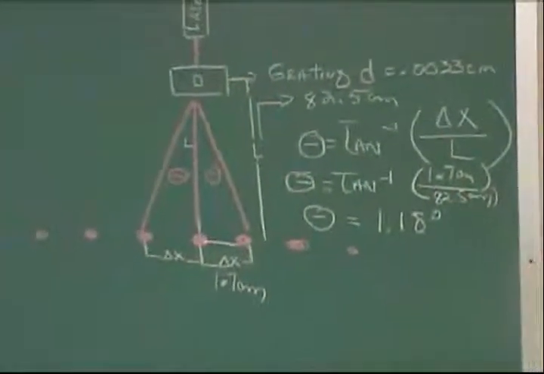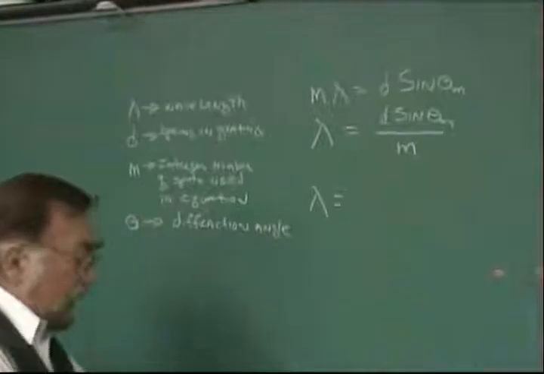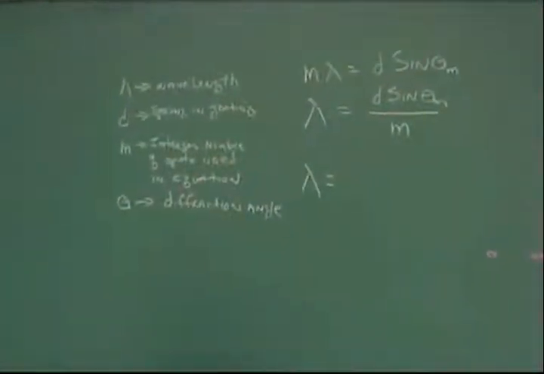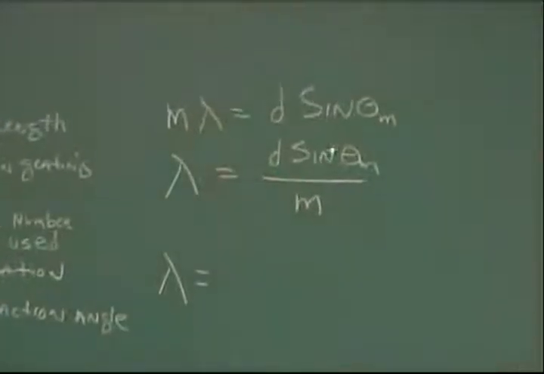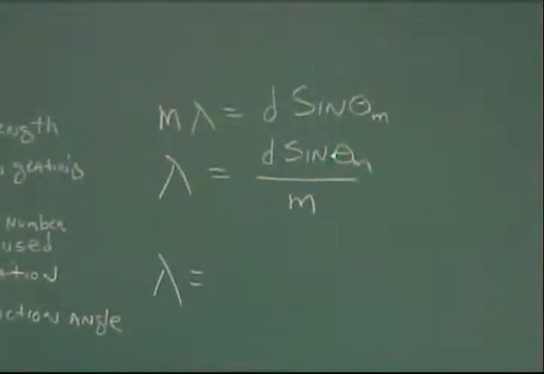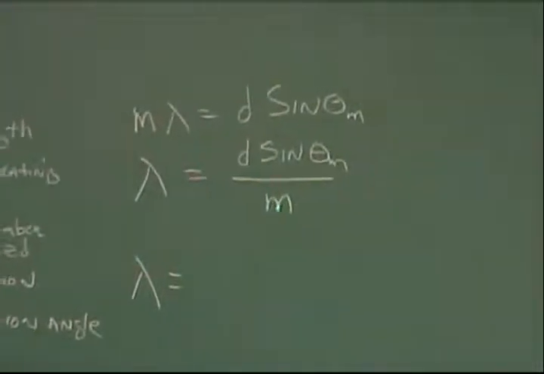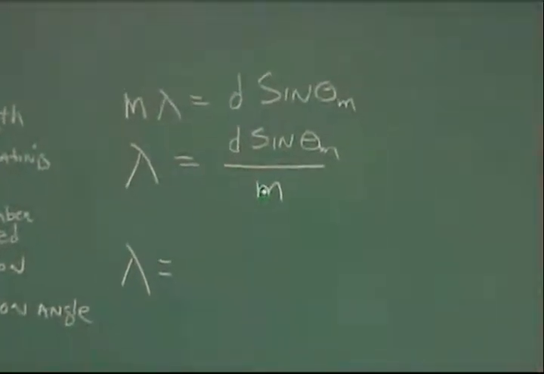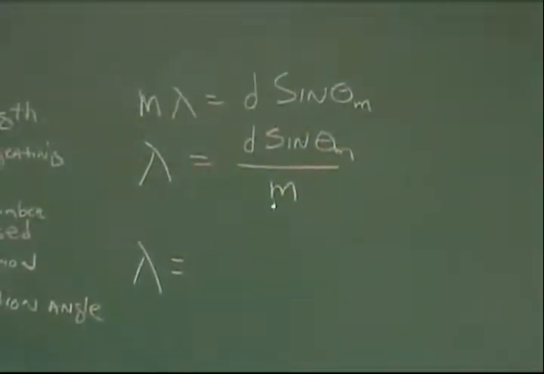Okay, now what we need to do is take all this data and plug it into our expression here for calculating lambda. And the expression is, as we talked about previously, d times the sine of theta, which we now know is 1.18 degrees, times the order, the number of bright spots that we're using. We said diffraction order is going to be 1.